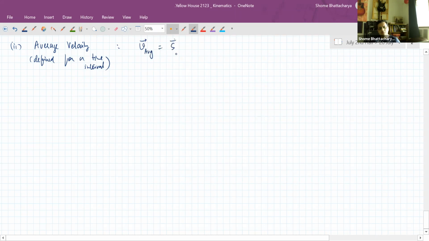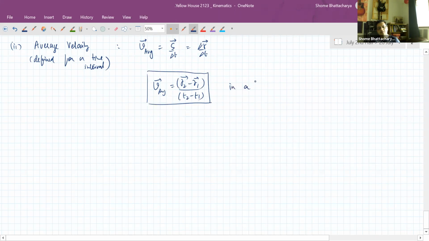It is the total displacement in the time interval divided by delta t, the same thing as delta r by delta t. Or we can say that average velocity in a specific time interval t1 to t2 will become r2 minus r1 upon t2 minus t1. So this is the average velocity in a time interval delta t equal to t1 to t2.